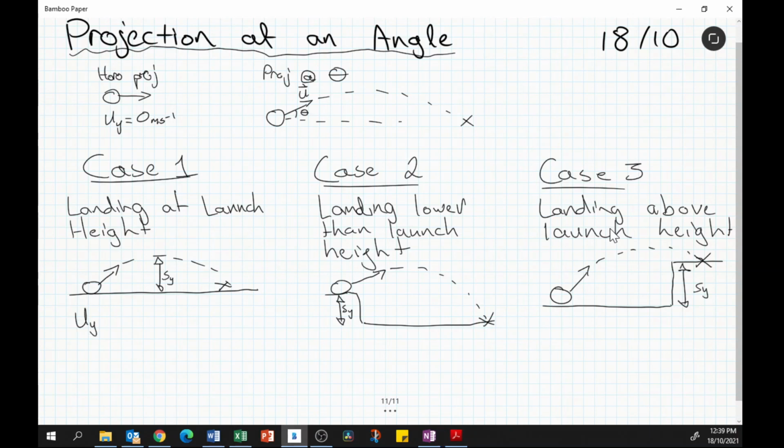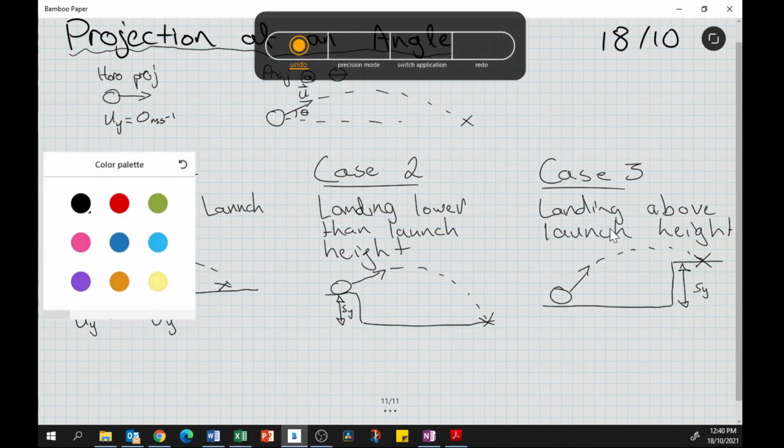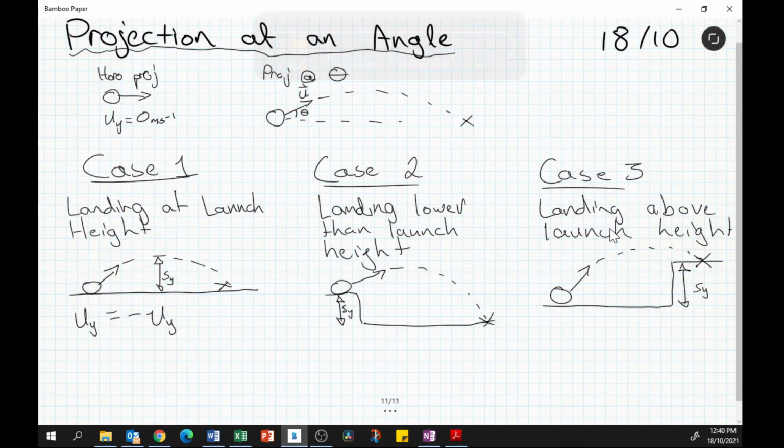Uy is equal to negative Vy. Okay, think about that. Uy is equal to negative Vy. If this is Uy, maybe I'll use some color to refer to this.